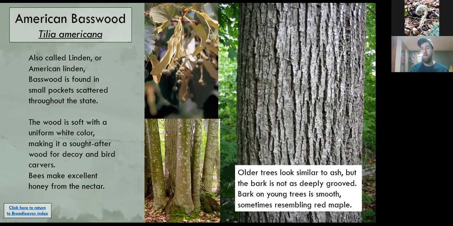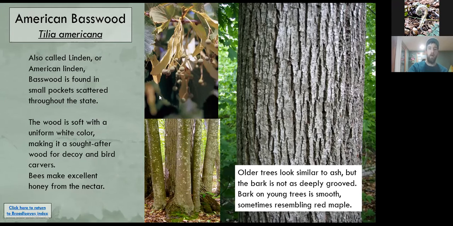You're never going to find basswood growing in sandy, dry or nutrient poor circumstances. So if you have a lot of it, it means you have a great site to grow most hardwood trees. It typically grows in pockets and patches. You're never going to find it being a big component of our forest for the reasons I just mentioned.